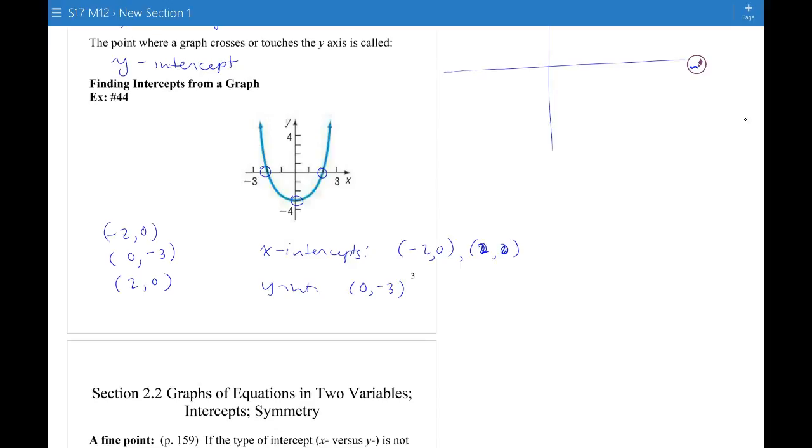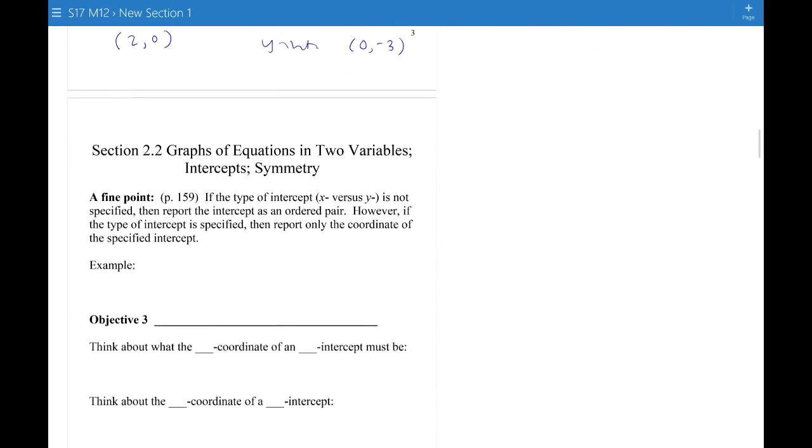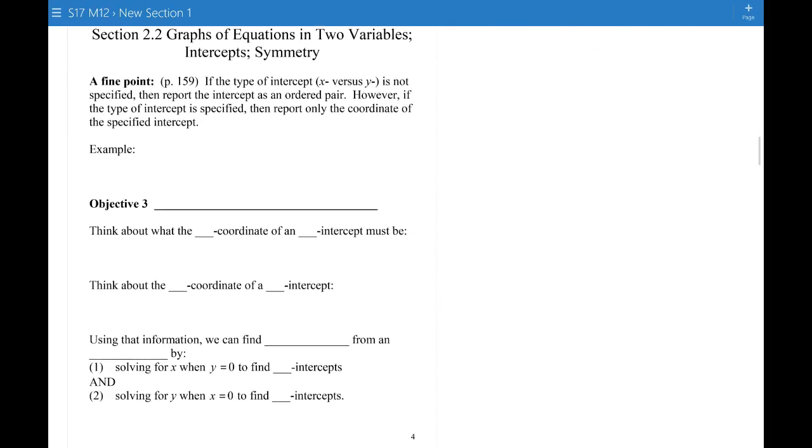Sometimes if all you're asked about is x-intercepts, you can say 2 and -2 if the context is clear. If the context is not clear, then you need 2 coordinates to be clear. This is a fine point that's brought out in your book. If the type of intercept is not specified, you need to report an ordered pair. But if it is specified, then you can just say what the coordinate is.